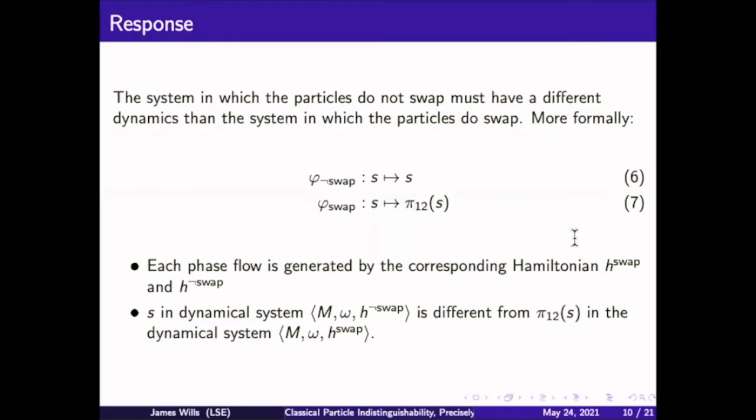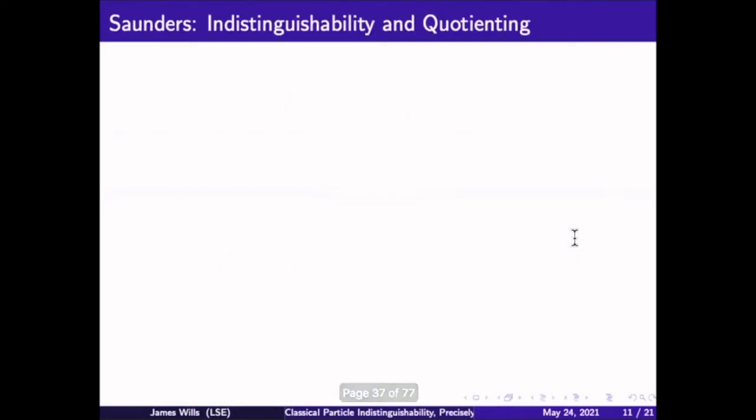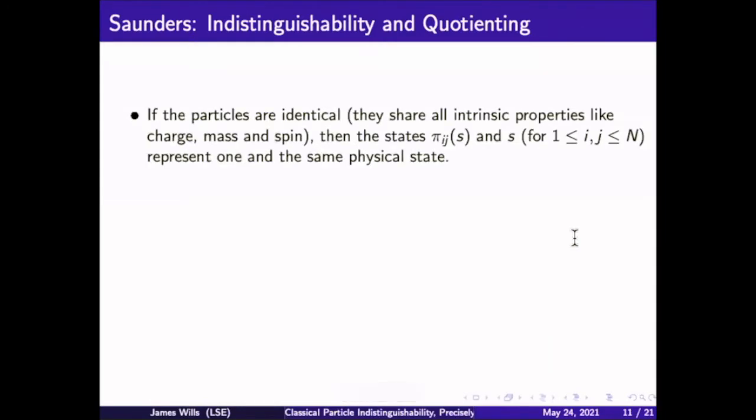The second prominent response I want to illustrate is given by Simon Saunders and goes kind of in the opposite direction, claiming that classical particles are indistinguishable. The argument, which I think is fairly widely adopted, goes like this. Suppose the particles are identical, understood to mean that they share all intrinsic properties such as charge, mass, and spin.